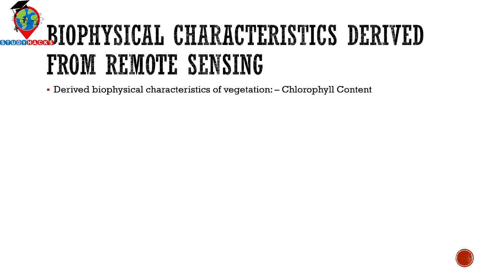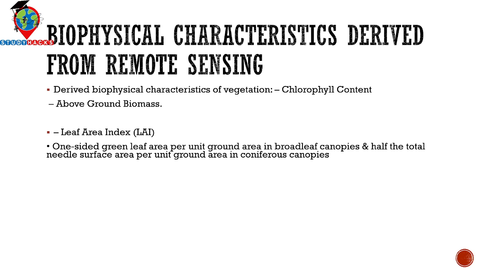So now biophysical characteristics derived from remote sensing applications such as chlorophyll content and above ground biomass, as well as leaf area index. Leaf area index is mainly one side green leaf area per unit ground area in broadleaf canopies and half of the total leaf surface area per unit ground area in conifer canopies.